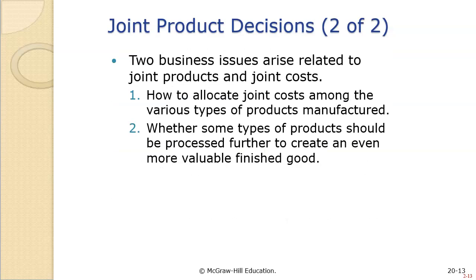Two business issues arise related to joint products: how to allocate joint costs among the various types of products, and whether some types of products should be processed further to create an even more valuable finished good.